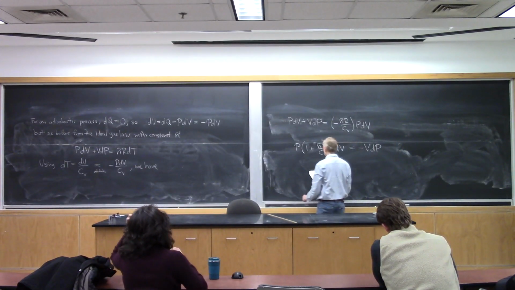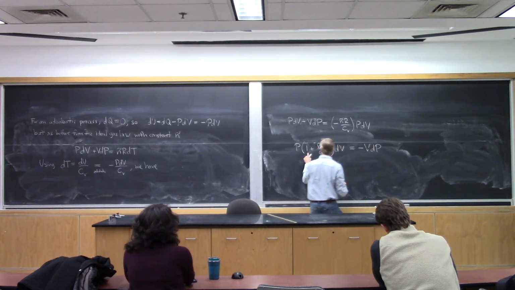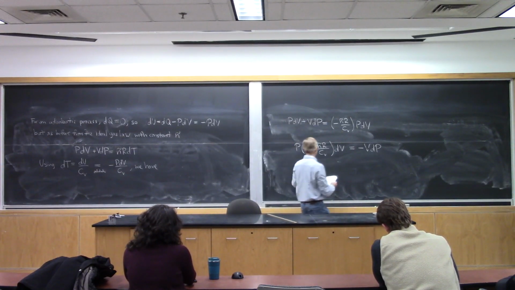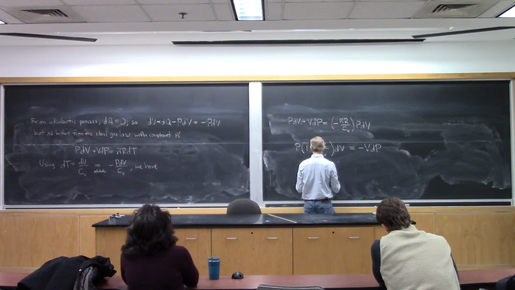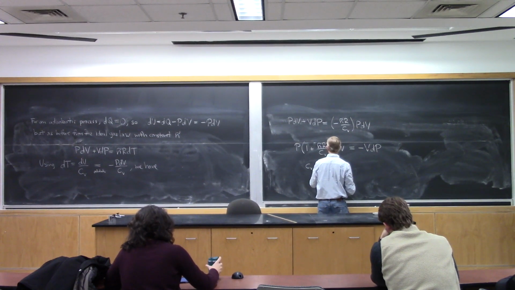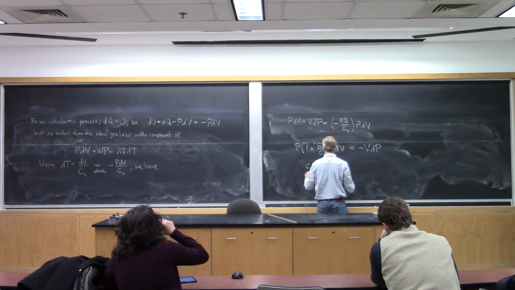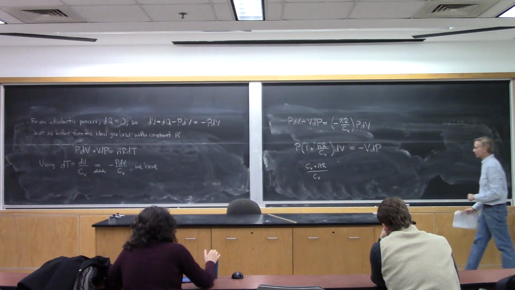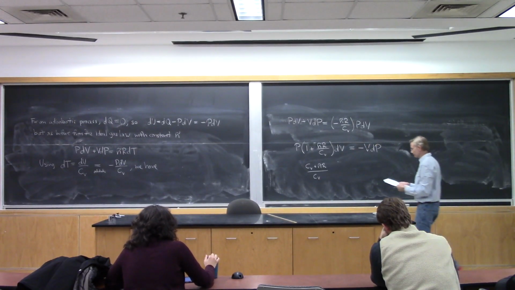Oh, but look what we do then. So let's put it over a common denominator here. This says that Cv plus n tilde R over Cv. So that's just putting what's inside the parentheses over a common denominator.